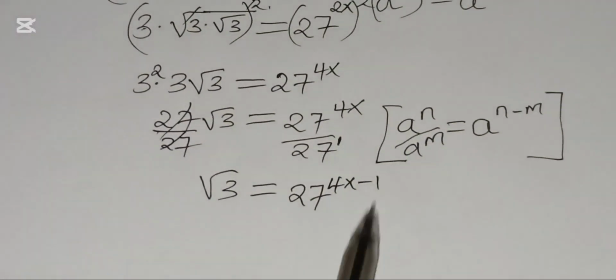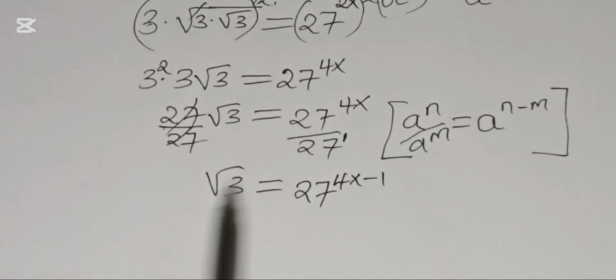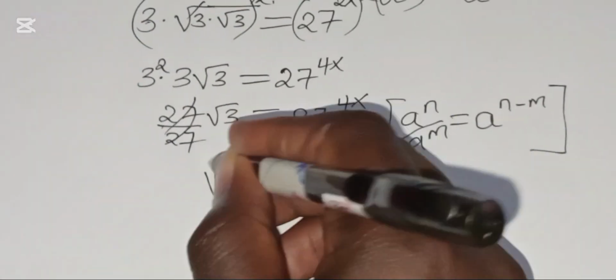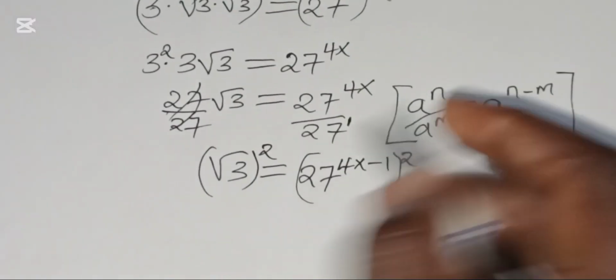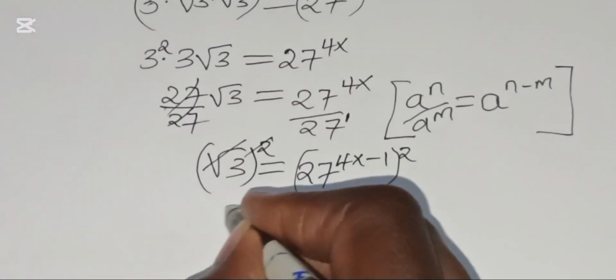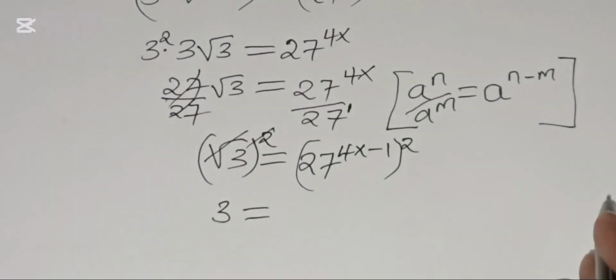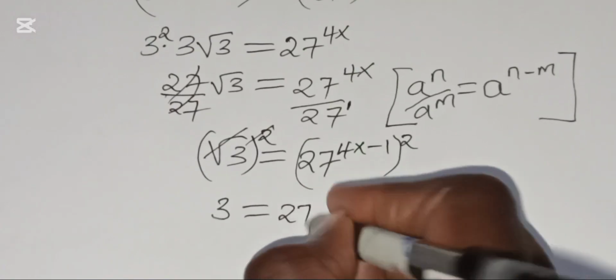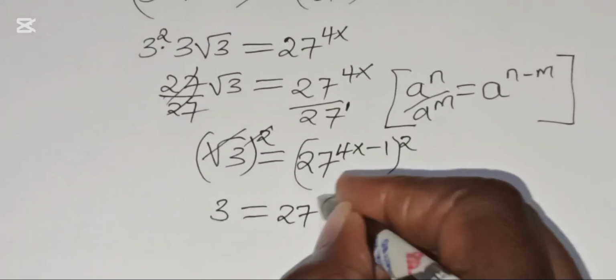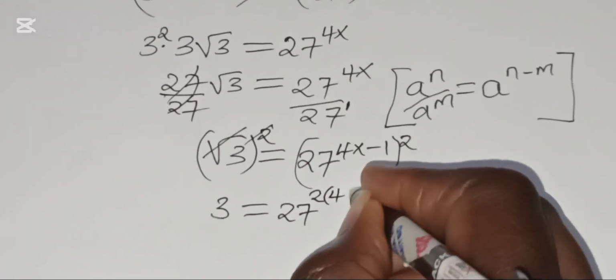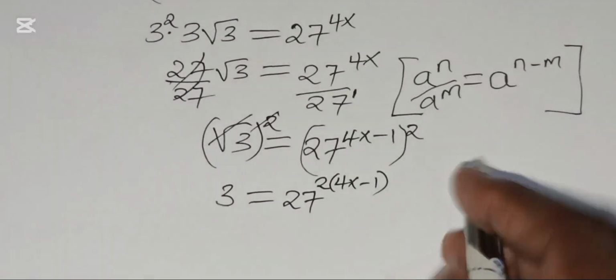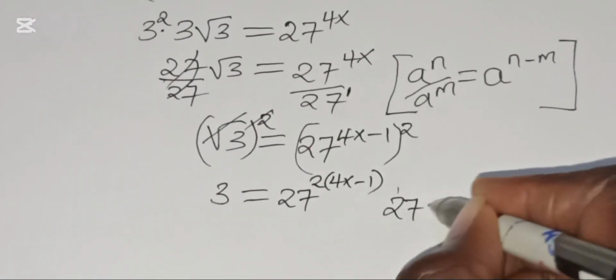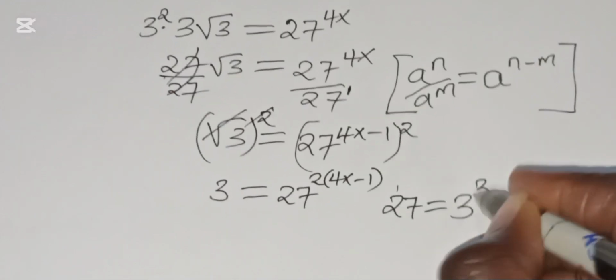Now from here, we can eliminate this square root sign by squaring both sides again. You're going to have 3 is equal to 27 raised to power 2 multiplying by 4x subtract 1. But as you can see, 27 can be expressed as 3 raised to power 3.